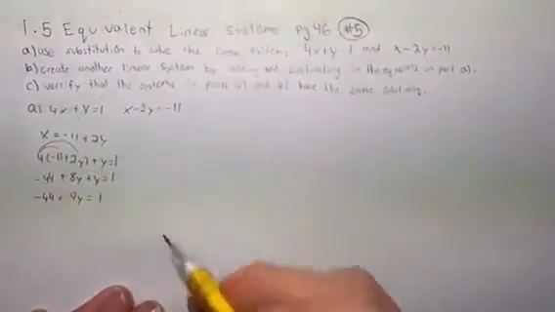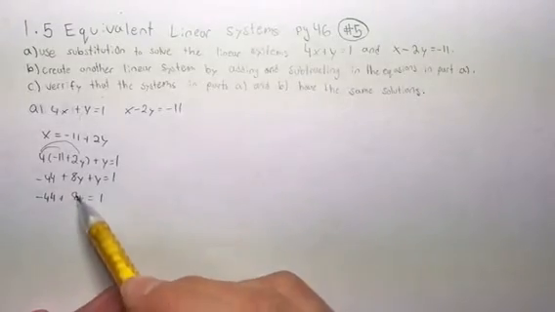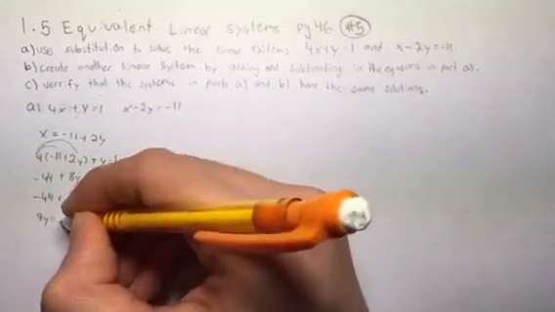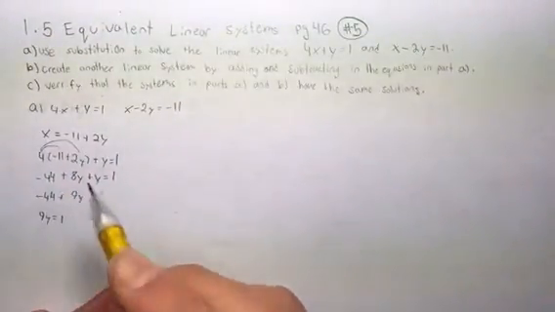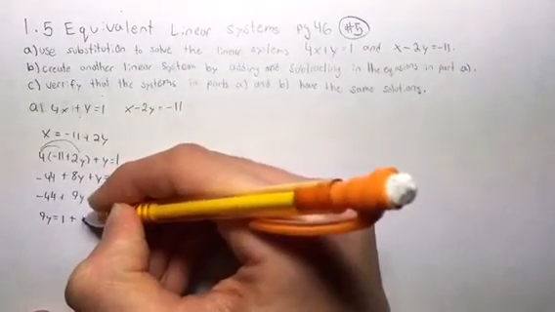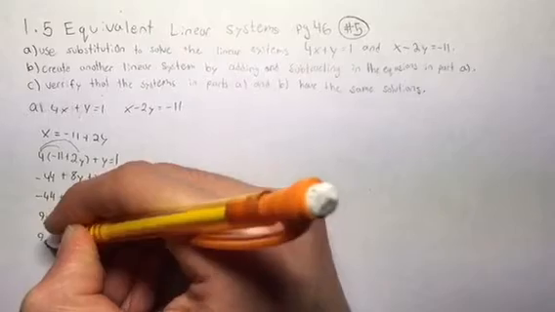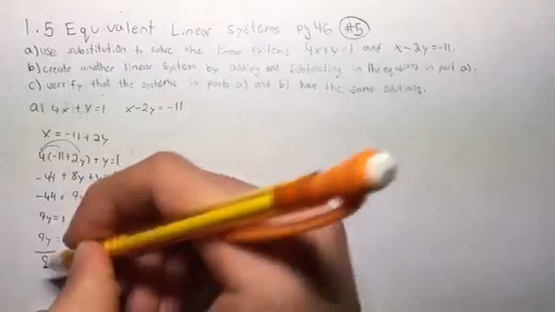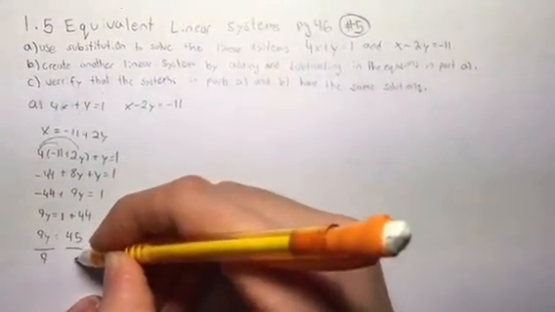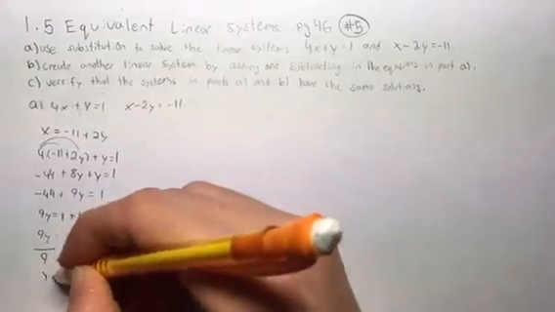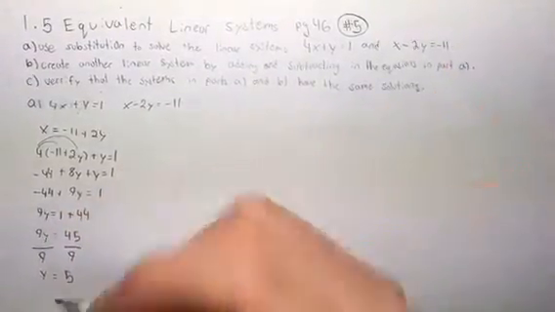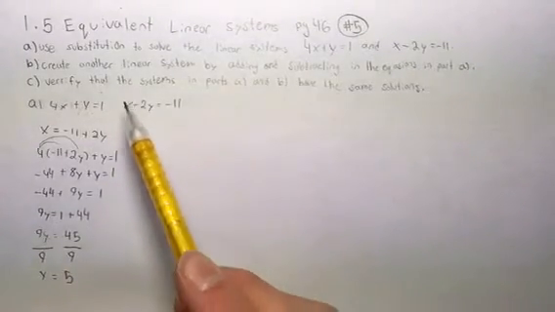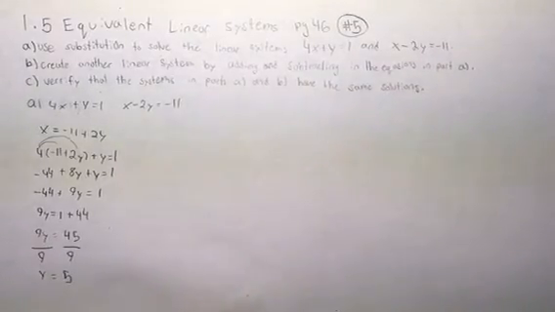And now let's isolate y. 9y equals 1, and then move negative 44 to the other side, and then it will be positive 44. So 9y equals 45. And now we have to find out what y equals, so 45 divided by 9, so y is equal to 5. Okay, so now that we know what y equals, we can put it into this equation to find out what x equals.